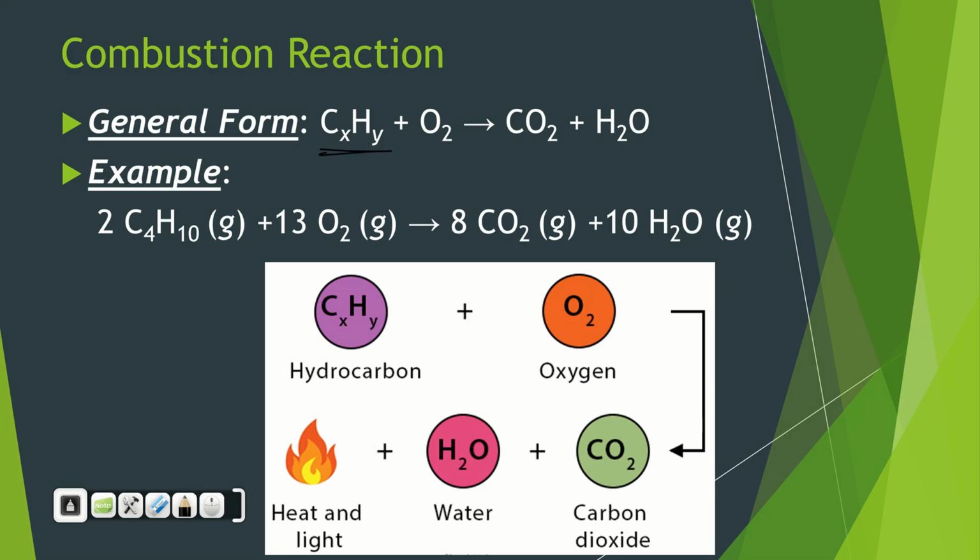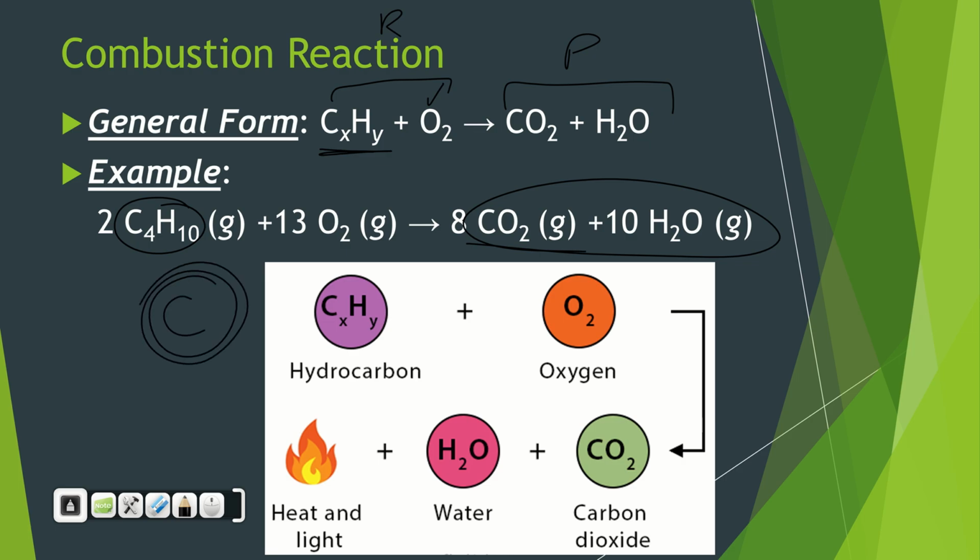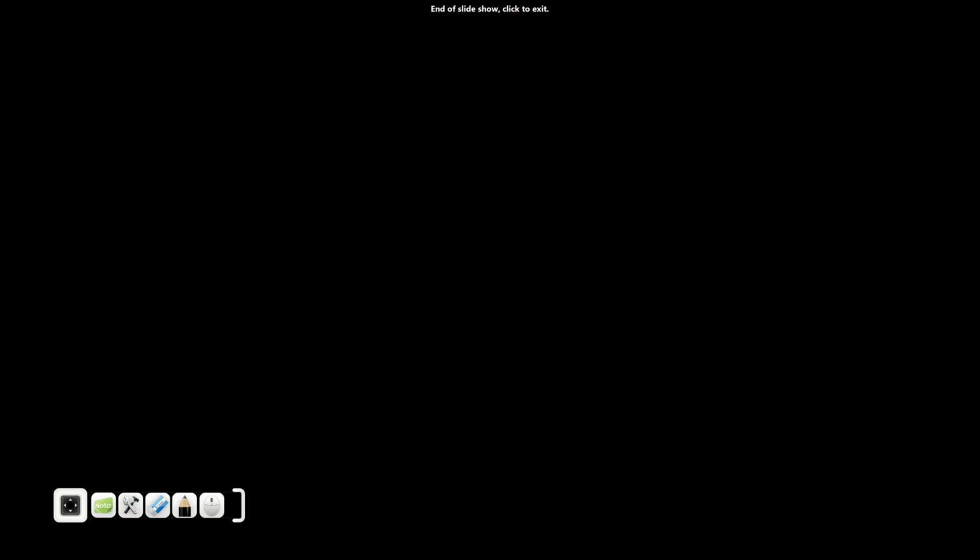The X and Y just represent any subscripts that are going to go with it. We always have oxygen on the reactant side, and the products are always CO2 and H2O. And that is your combustion reaction every single time. If you see CH at the beginning, if you see CO2 and H2O at the end, it is always combustion, combustion, combustion. And that's it.